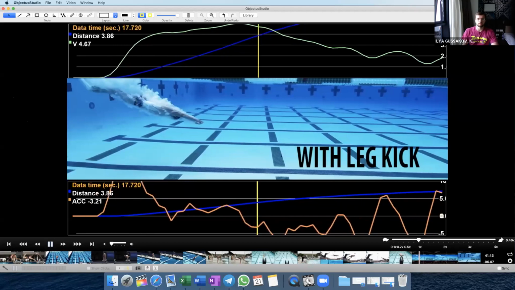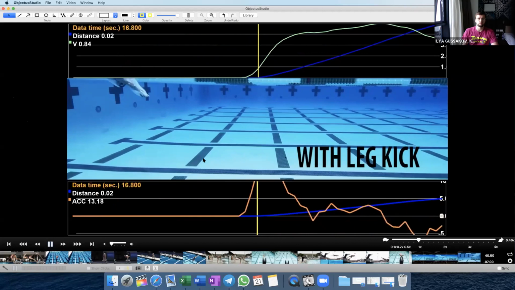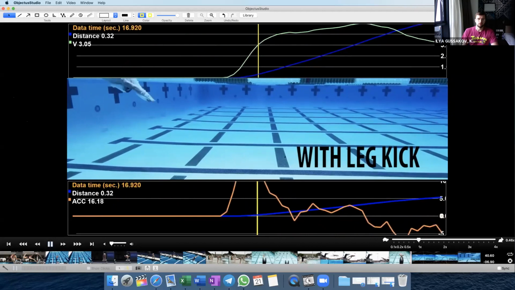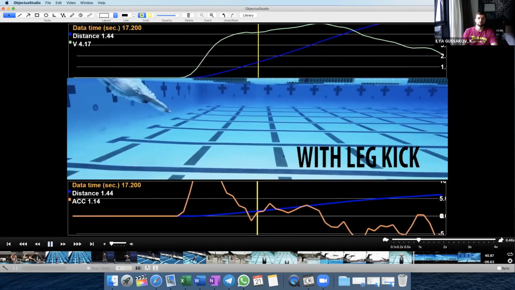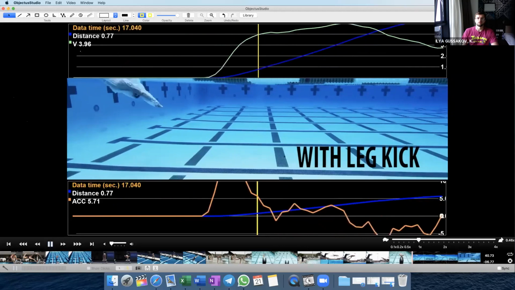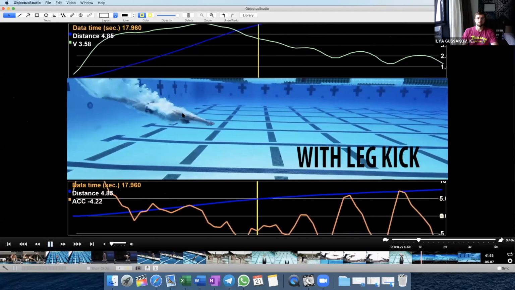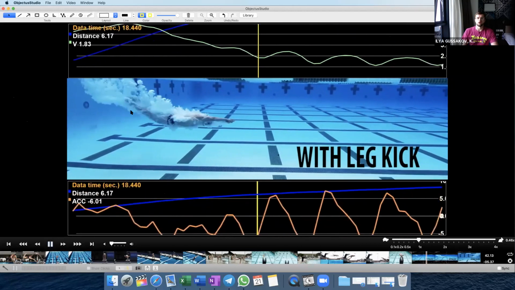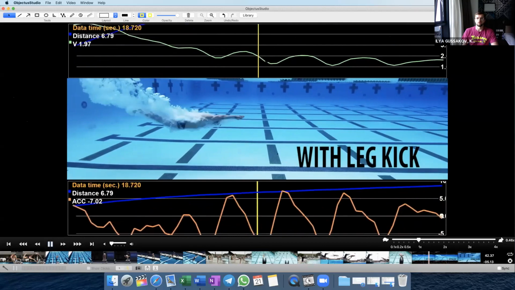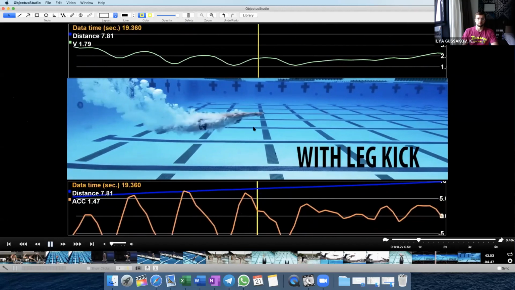And we see that his speed, this is velocity, it was 3, 4, 2, 3, 4, even sometimes it was 5 when the full body gets in, and then again 4, 3, 2, and it's going down more and more, and then he's starting the dolphin kick.